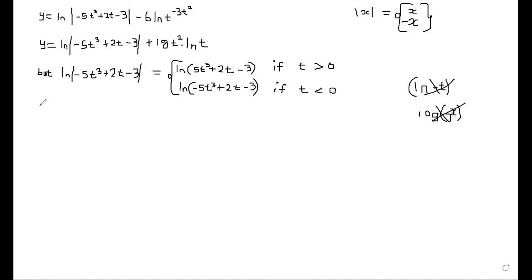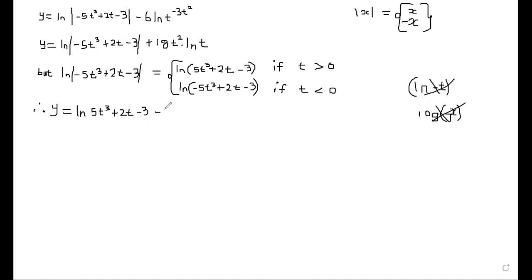So now let's go back and say, therefore, y, now we're starting afresh, is equal to ln(5t cubed plus 2t minus 3). It's this part again.